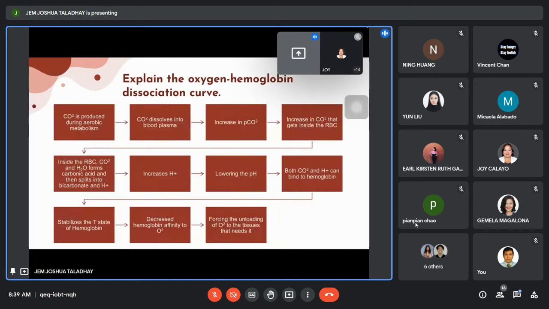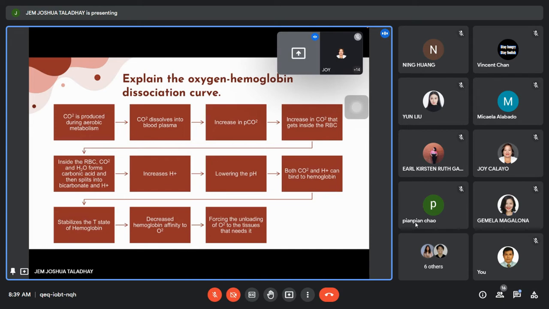First, there is carbon dioxide production during aerobic metabolism. This CO2 would dissolve into blood plasma, increasing the partial pressure of CO2.